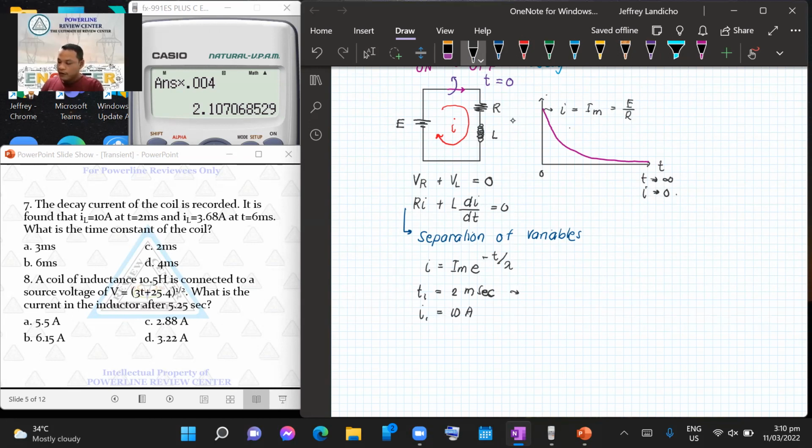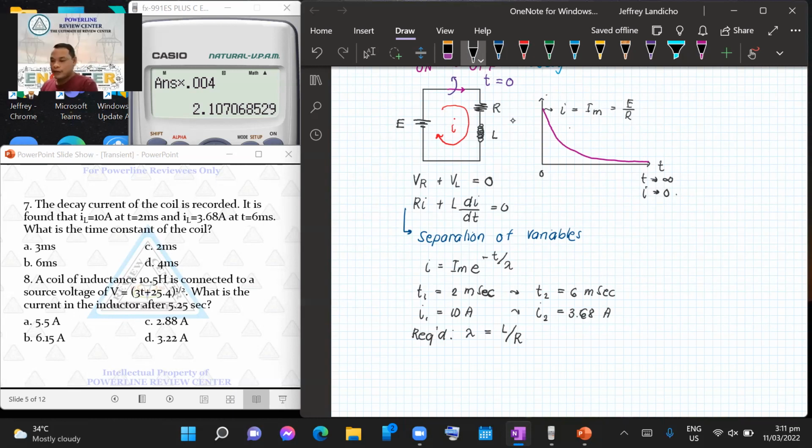Now, let us consider after 6 milliseconds since we opened it, the given current now, I sub 2, is equal to 3.68 ampere. So, what would be the time constant? Since it is still RL, either initiation or decay, as long as it is RL, we have only one formula for the time constant. That is only L over R for an RL circuit.